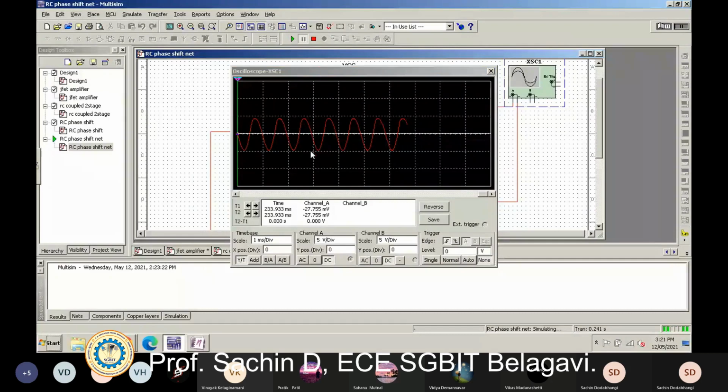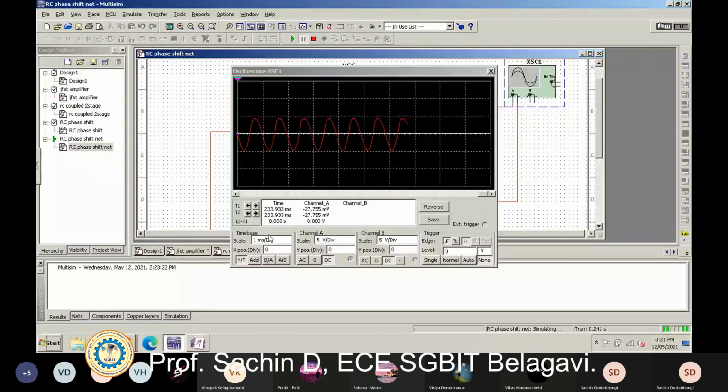For per division, it is 1 millisecond. So one cycle is covering almost one division. Yes, positive cycle and negative cycle, it is covering one division.